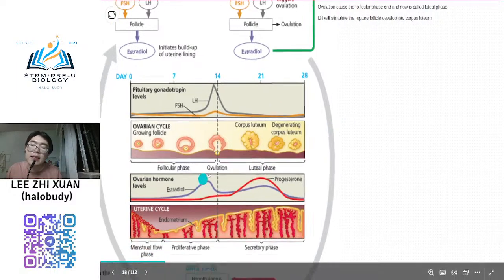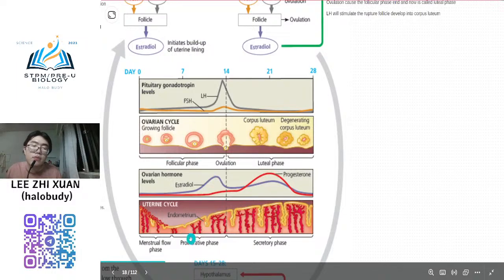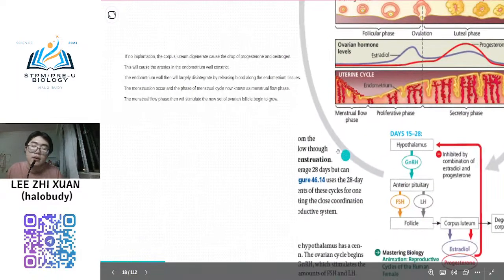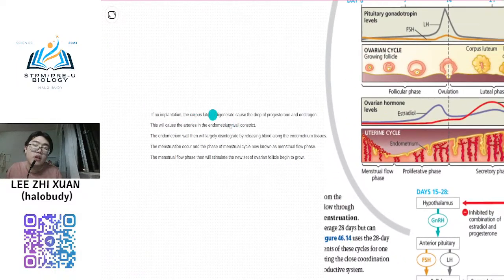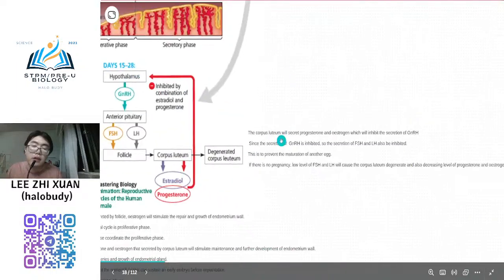And then at the same time, your uterine cycle we call the proliferative phase. Okay, next we go to here. So if no implantation, go to here.